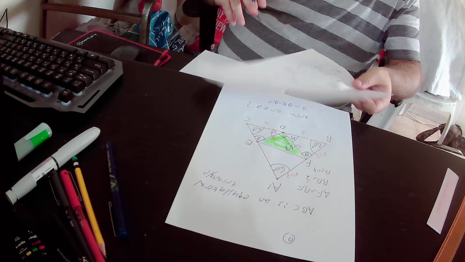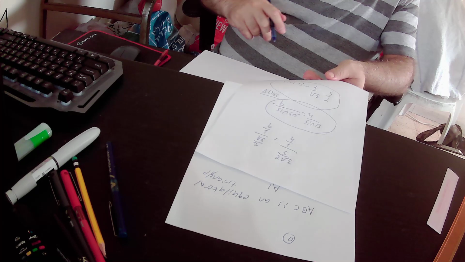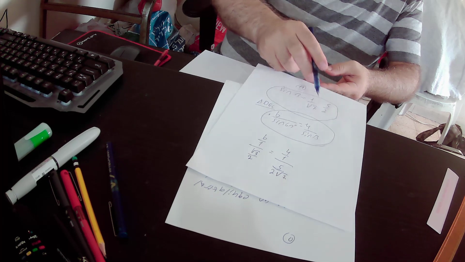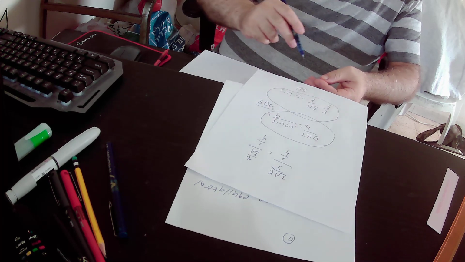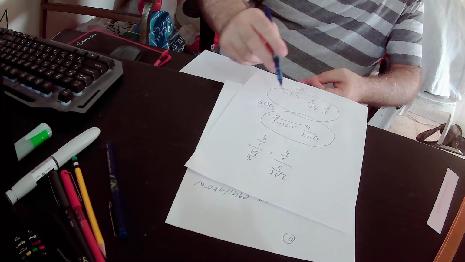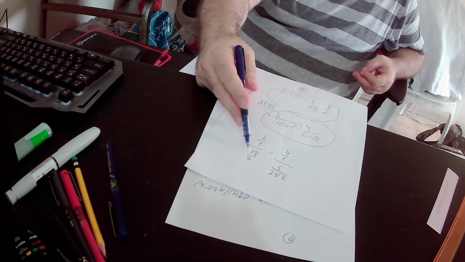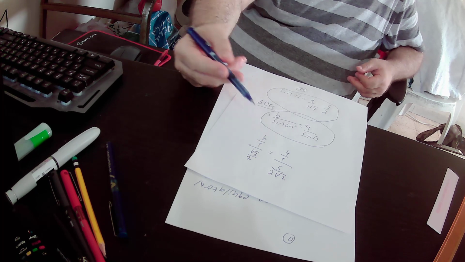So we substituted sin beta by its value here, and sin 60 degrees equals root of 3 over 2.